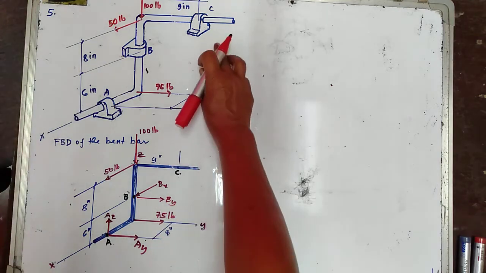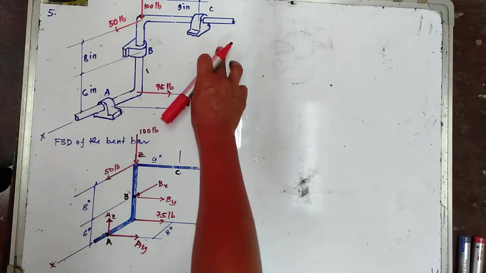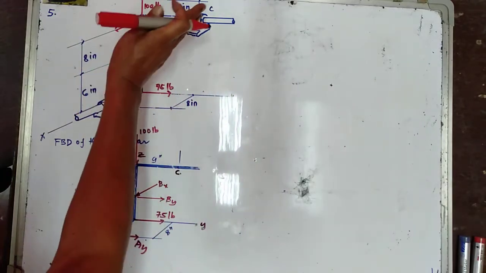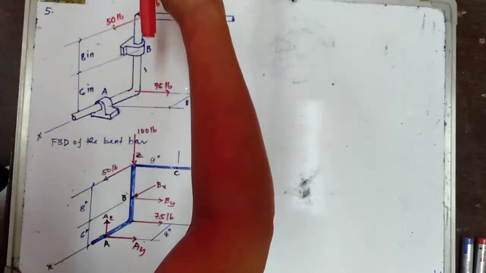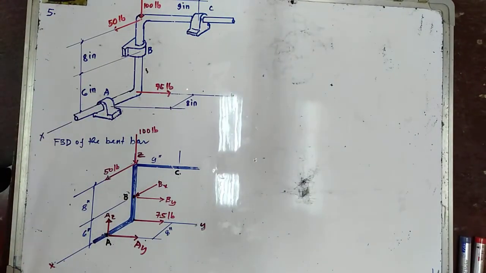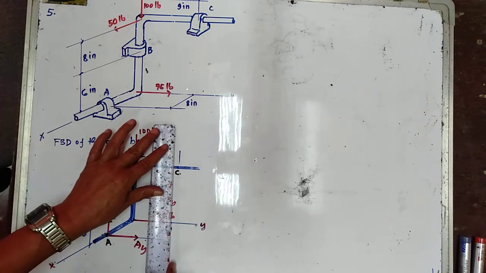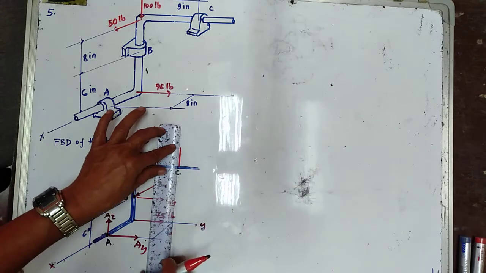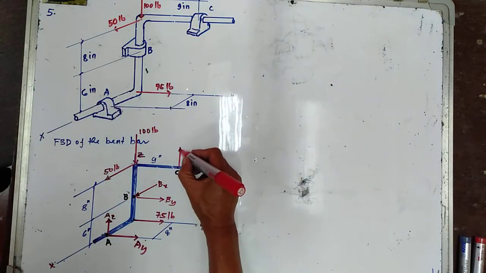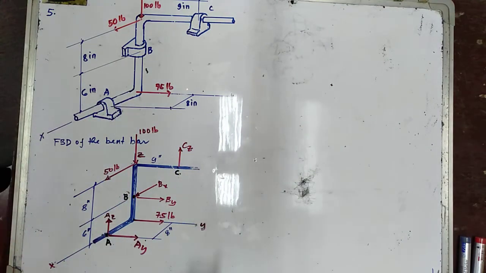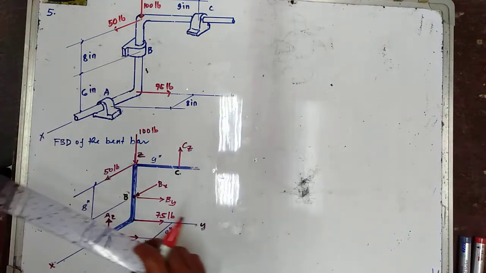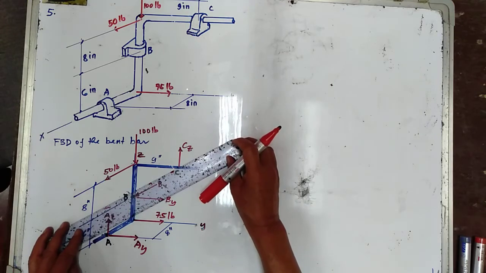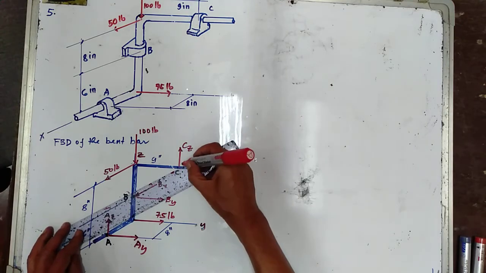And at support C, we have again in the direction of X and in the direction of Z. So this is now your CZ, and in the direction of X, so this is now your CX.